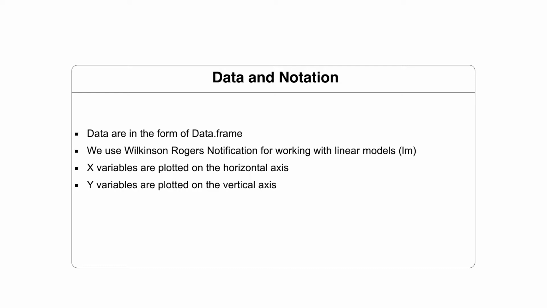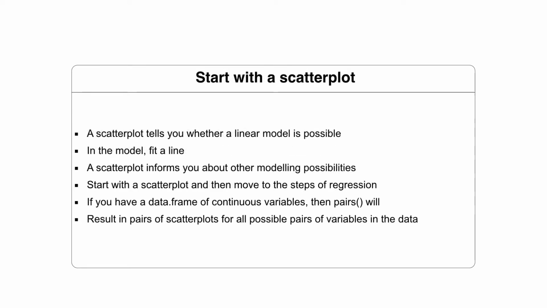As simple as that. So the first thing that we should do is start with a scatter plot. A scatter plot is a plot in which dot points are plotted for each value of the x variable for the corresponding value of the y variable. Remember that in this particular situation, we are working with continuous variables for both outcome as well as explanatory variables.